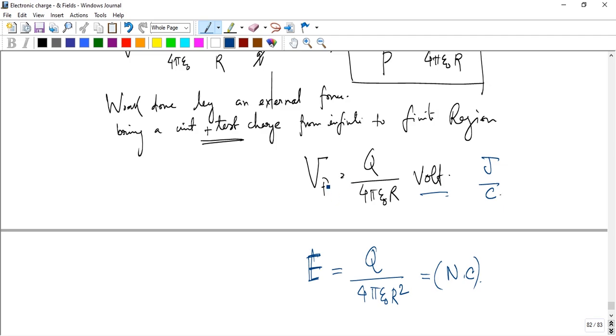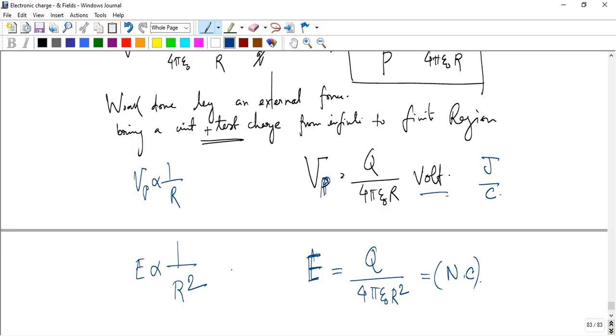So look very carefully: the potential Vp is inversely proportional to 1 by R, and E is inversely proportional to 1 over R square. So there is some difference. One is a vector, the other is a scalar. One is inversely proportional to 1 by R, the other to 1 by R square.